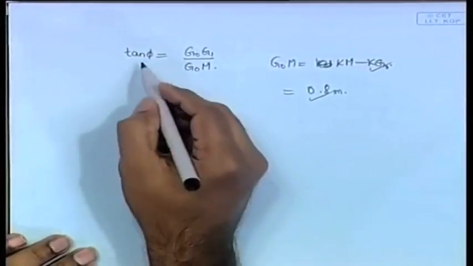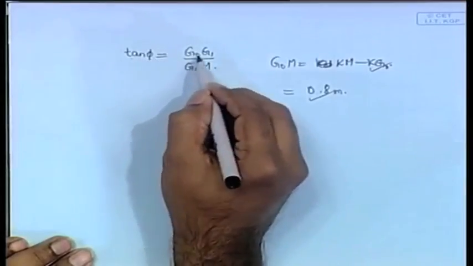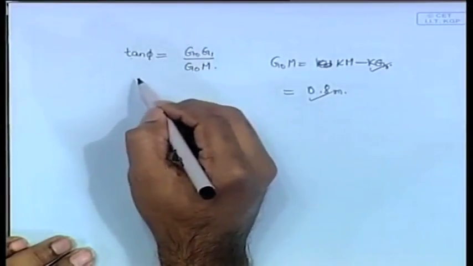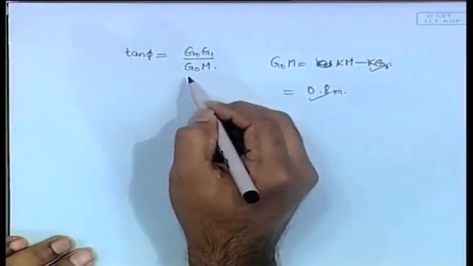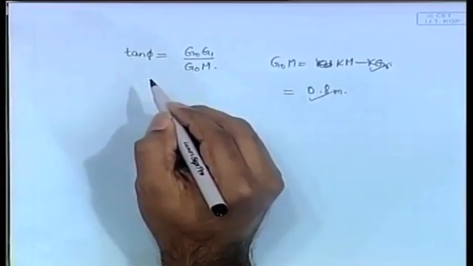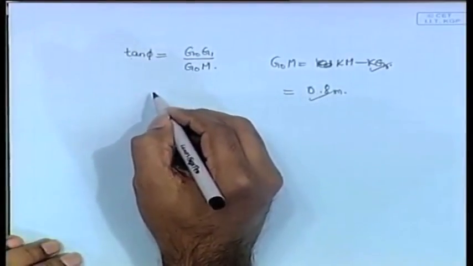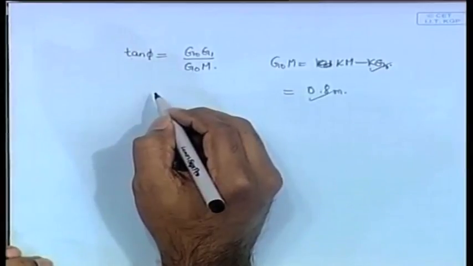Now we come to this problem, tan phi is equal to G0G1 by G0M, that is what we have derived. Now we know G0M, we know tan phi, this is initially, before the loads have been added. It is already given that it is a list of 2 degrees to the port side.